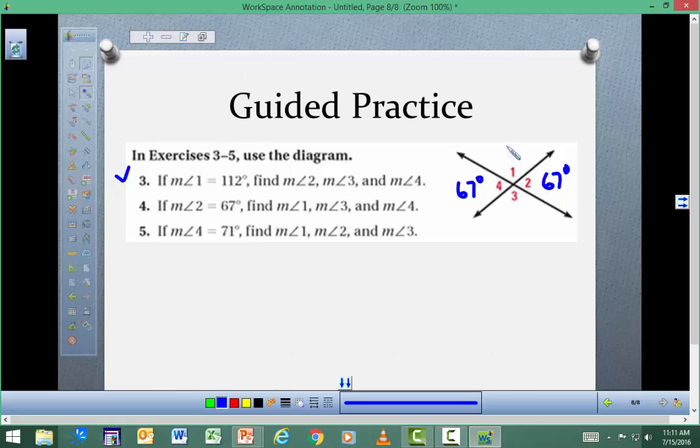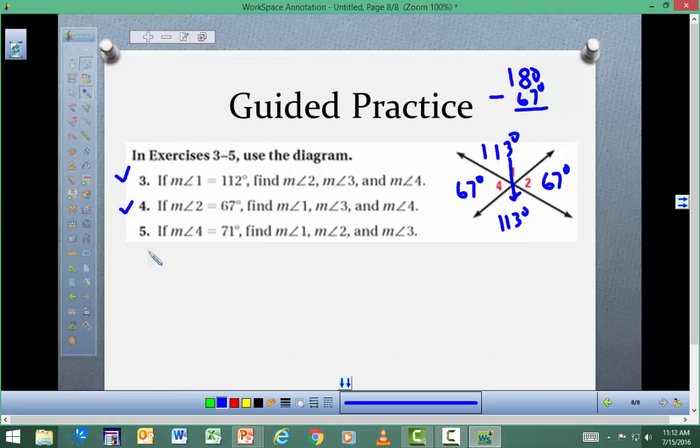We can figure out what angle 1 is because it's supplementary. So we're thinking 180. All we need to do is subtract off the 67 degrees, and then we'll have this angle down here. And I think it's going to be 113. Okay, 113 degrees. Well, that means this angle over here is 113 because it's a vertical angle with angle 1.